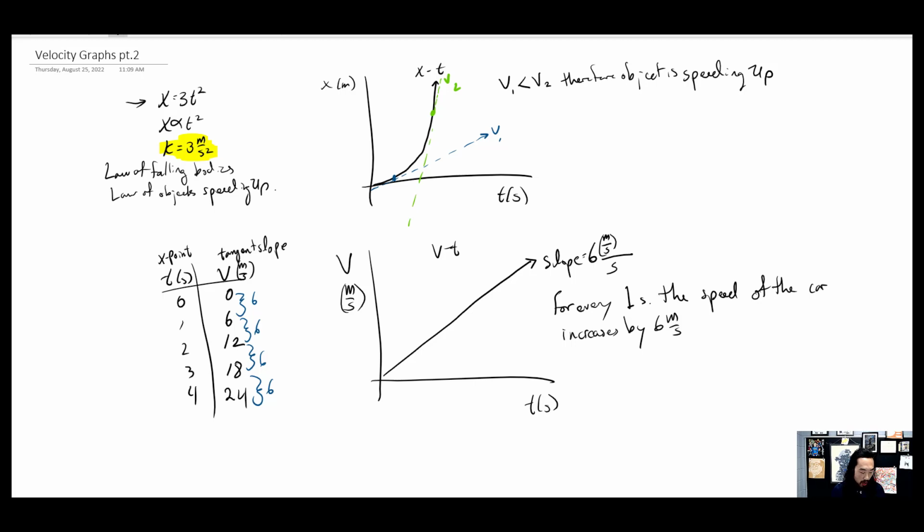All right, now that's fantastic, right? That's exactly what the slope tells us. Okay, so for every 1 second, the velocity changes by 6 meters per second.